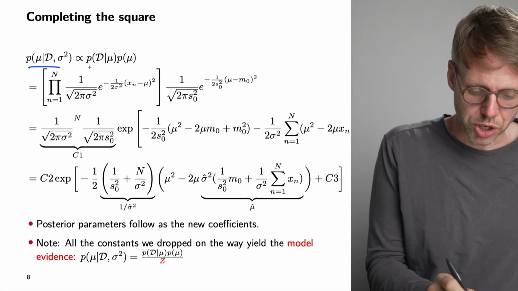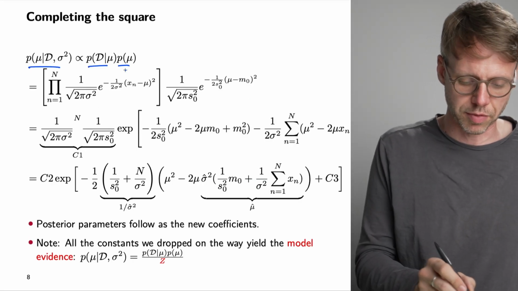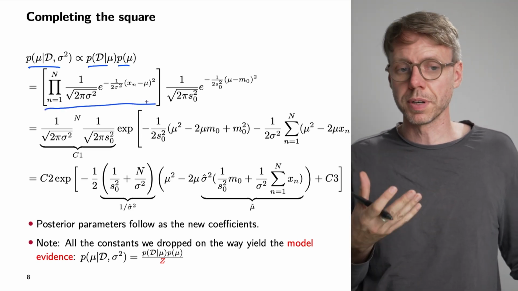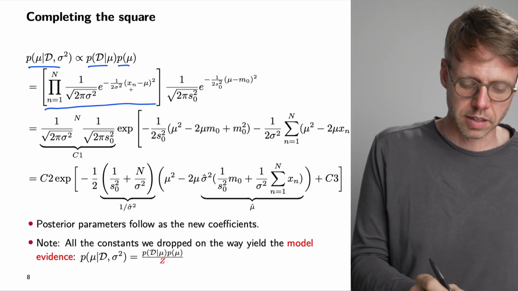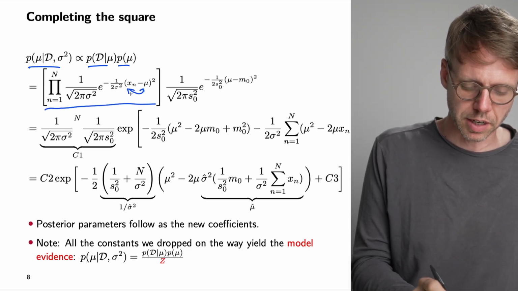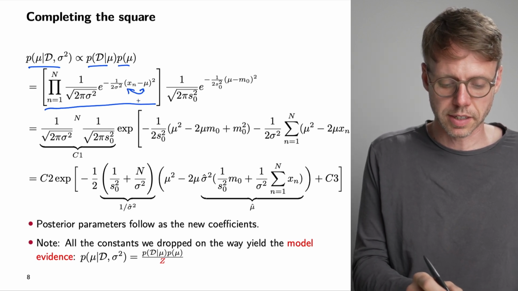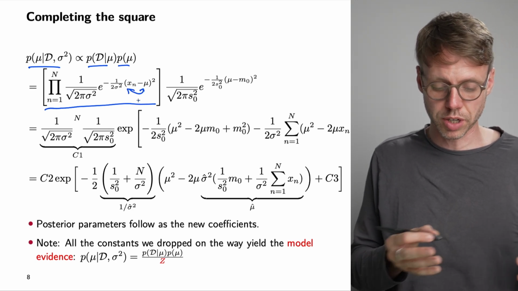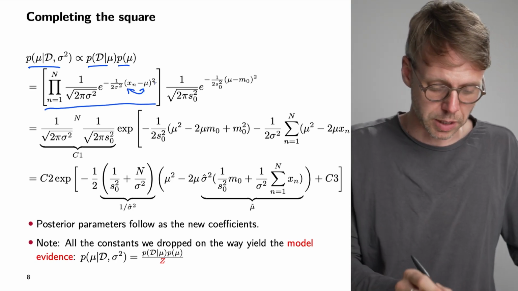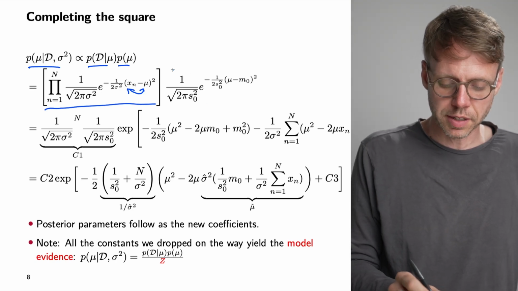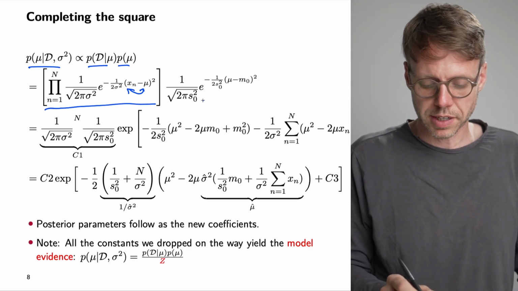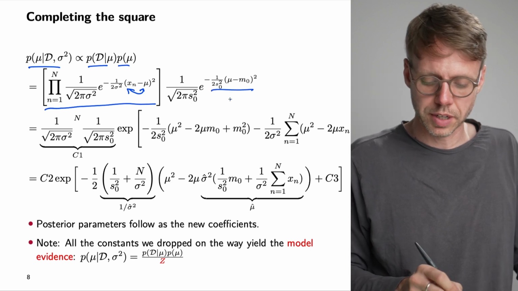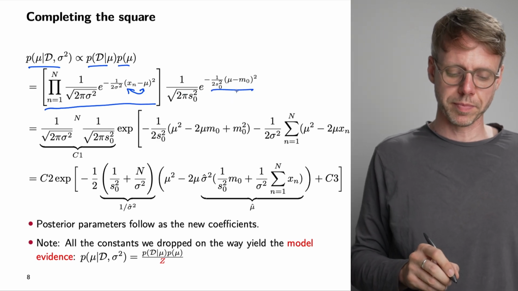So the posterior is proportional to the likelihood times the prior. If we write down the likelihood, that's the product of these n normal distributions. And as we said, it doesn't matter whether we say it's mu minus xn or xn minus mu, because it's a symmetric distribution in the mean and the data because of the squaring, times the prior, which is again some normalizing constant that does not depend on mu, times e to the power of this part here that actually depends on mu.